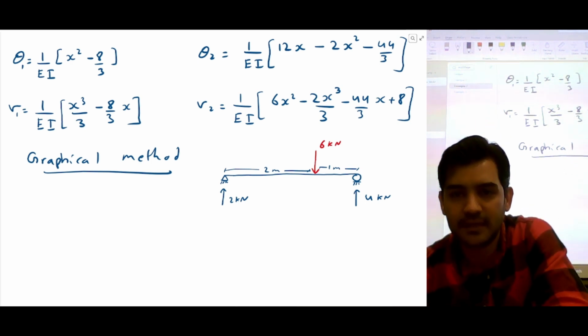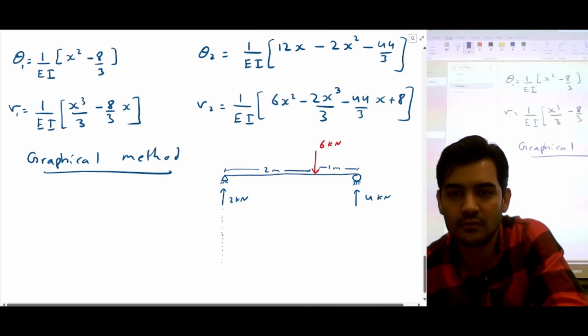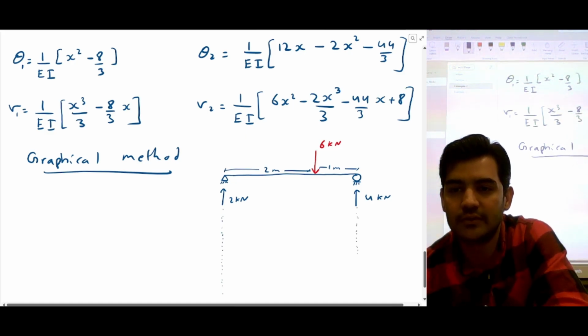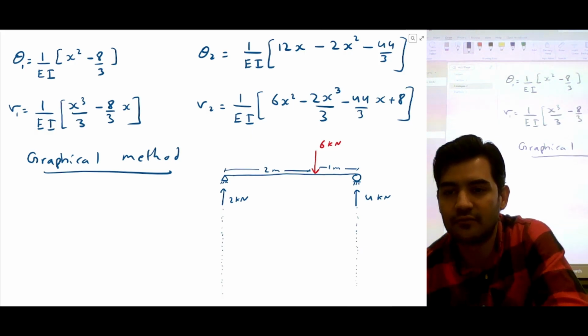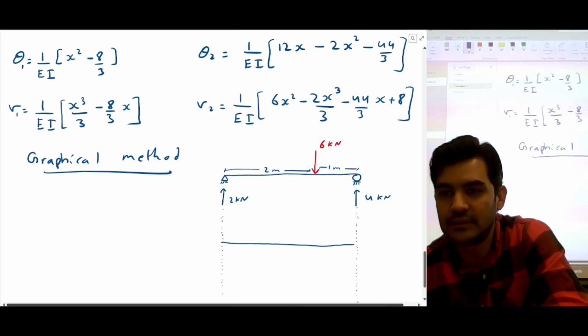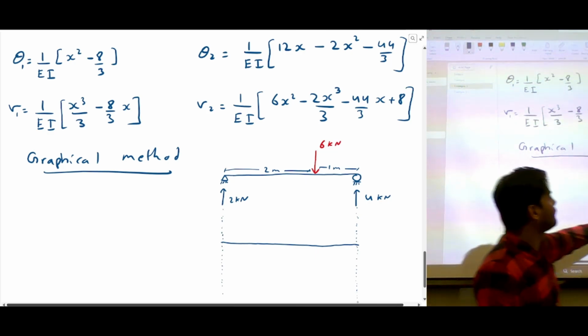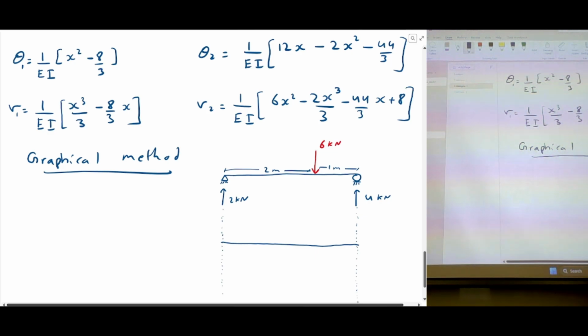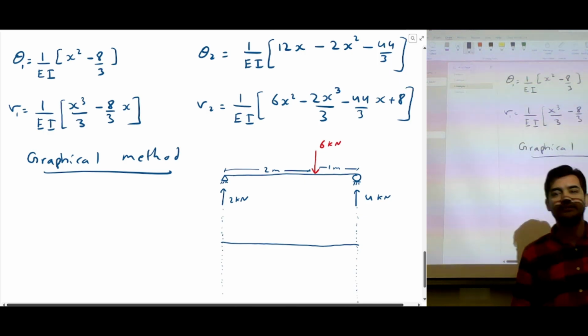So the first step is to calculate the shear force diagram, right? The easier way is to just use the equations and draw shear force diagram from the equations. But I'm gonna use a graphical method, which is drawing the shear force from the simply supported beam by looking at the loading conditions and the reactions.